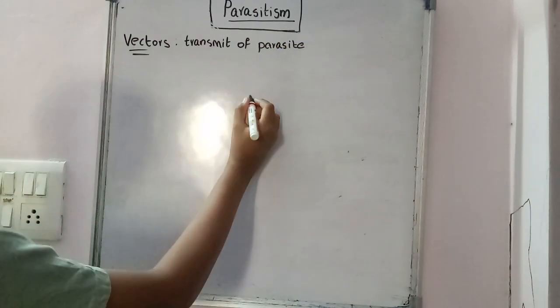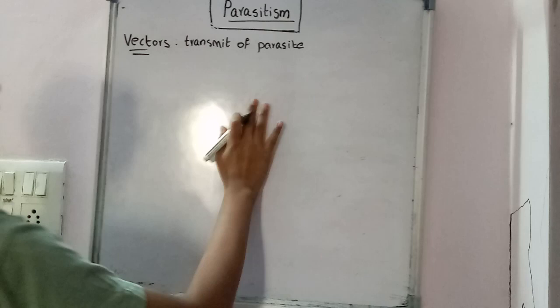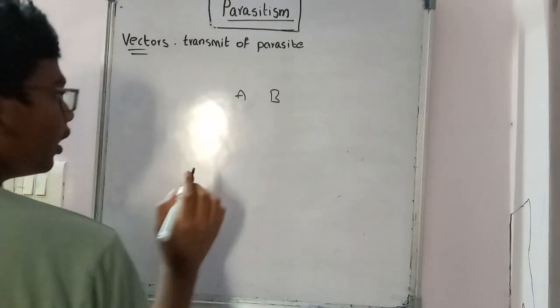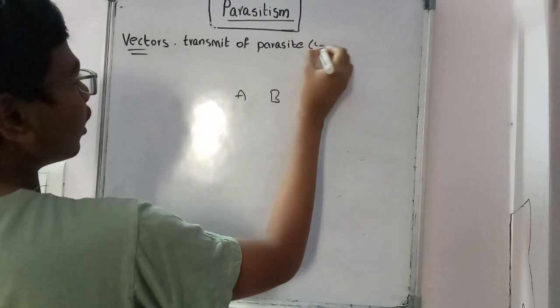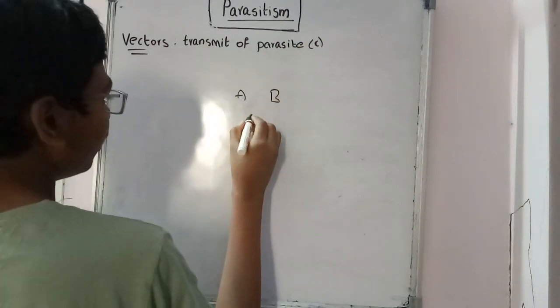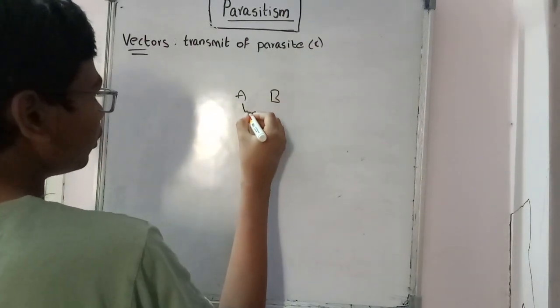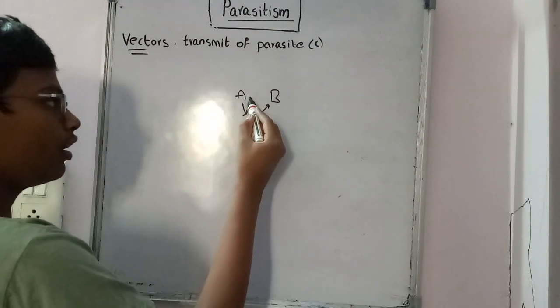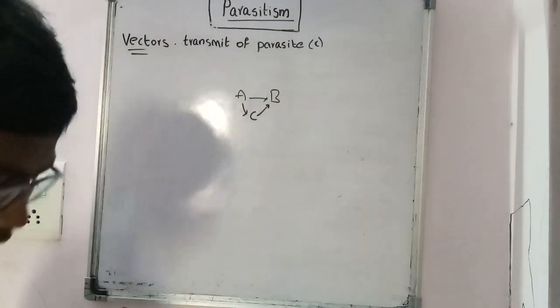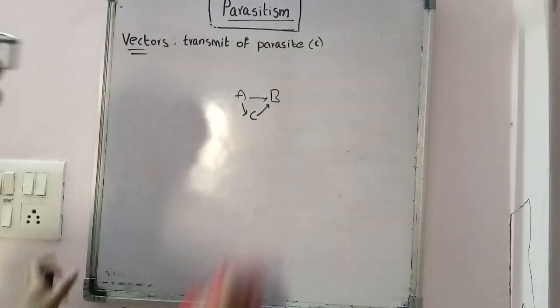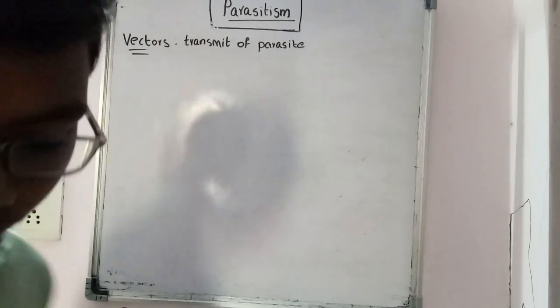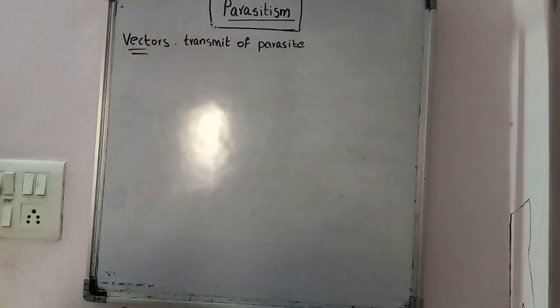So if there are two hosts, A and B, for a parasite, and the vector is, we can say, C, this is used to transport the parasite between A and B. This is how these vectors are useful.